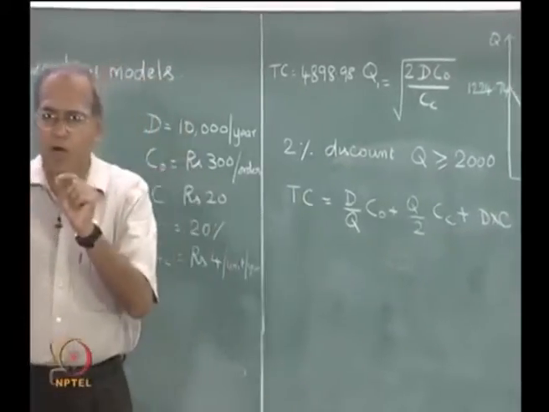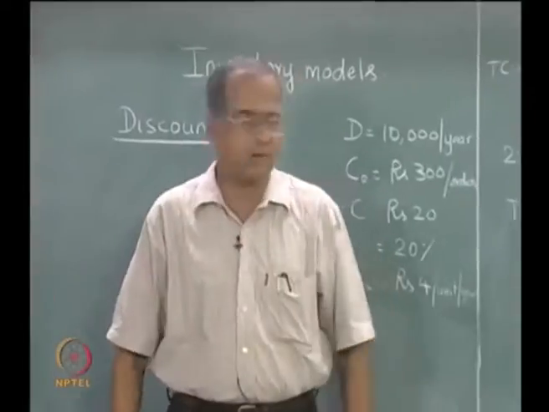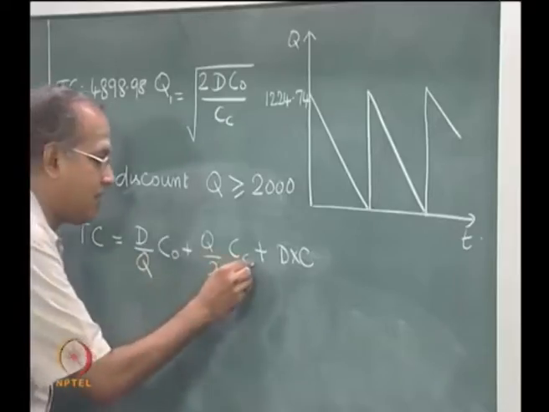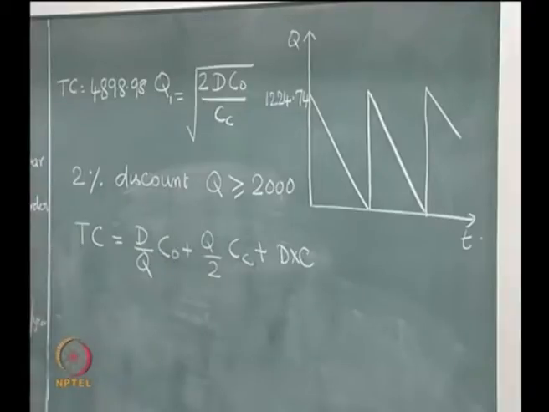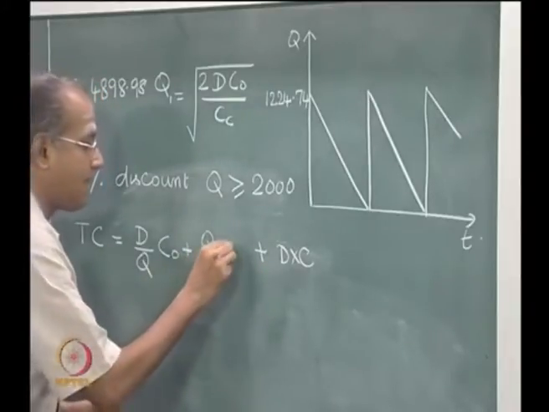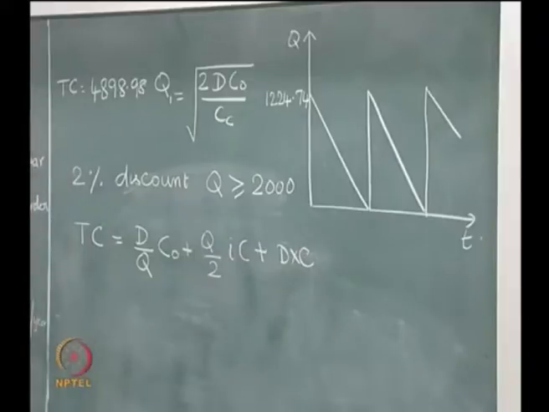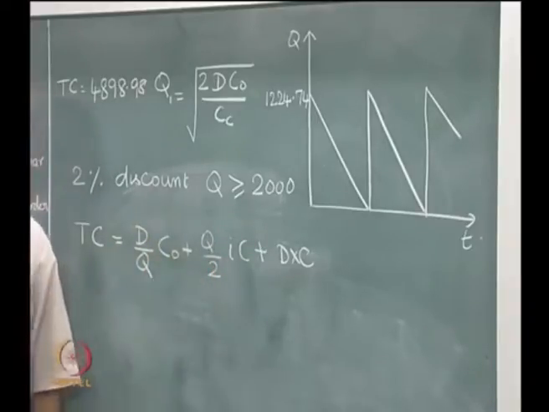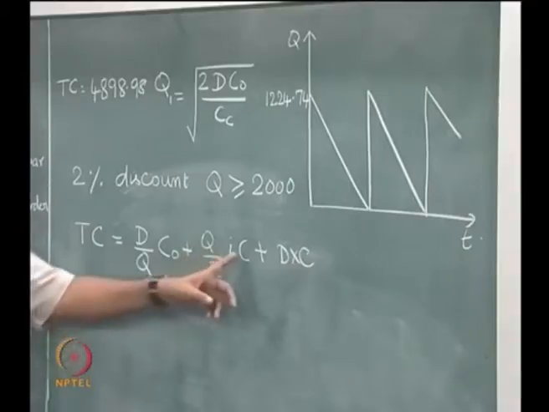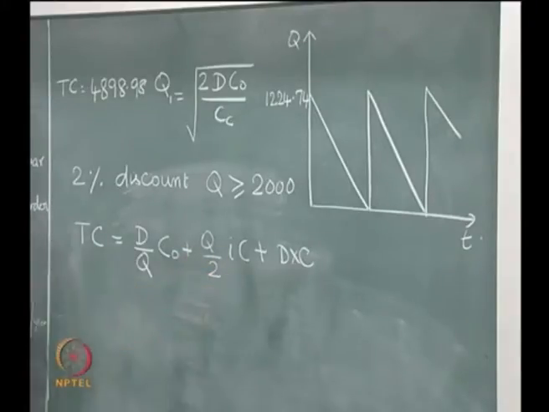There is also a very small component which needs to be looked at. It depends on how we are going to define this CC. We have already seen that this CC can be defined in two ways: one is as CC or as I into C. So, if we now define this CC as I into C, and if we are interested in an order quantity of 2000, at 2000 this carrying cost will also come down slightly because this C also changes slightly.